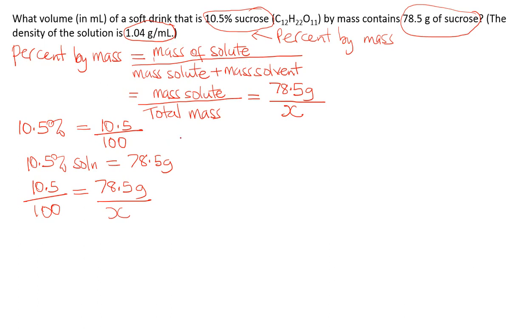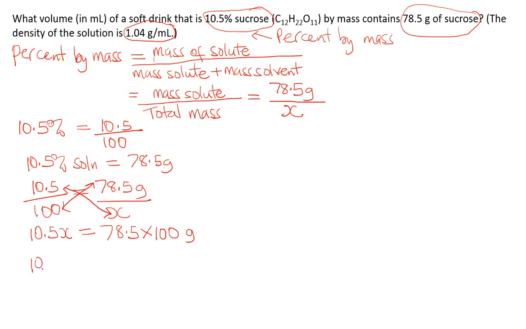Now, how do you go about this? The simplest way is to do what we call cross multiplication. So what we are saying is we have 10.5x is equal to 78.5 times 100 grams. So what is our x?